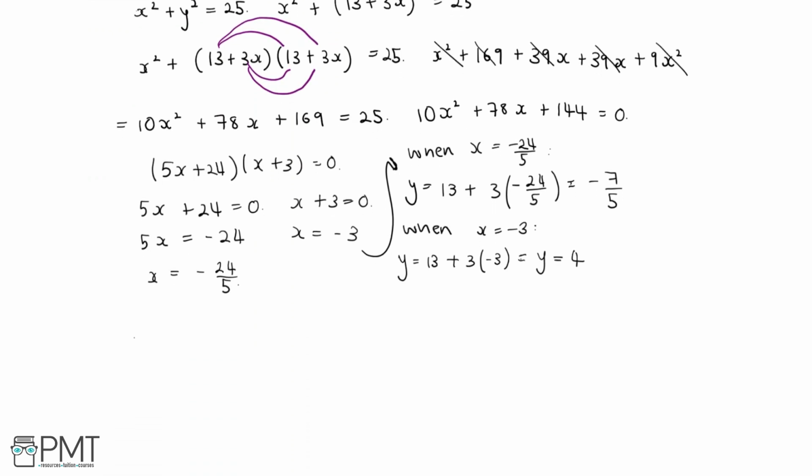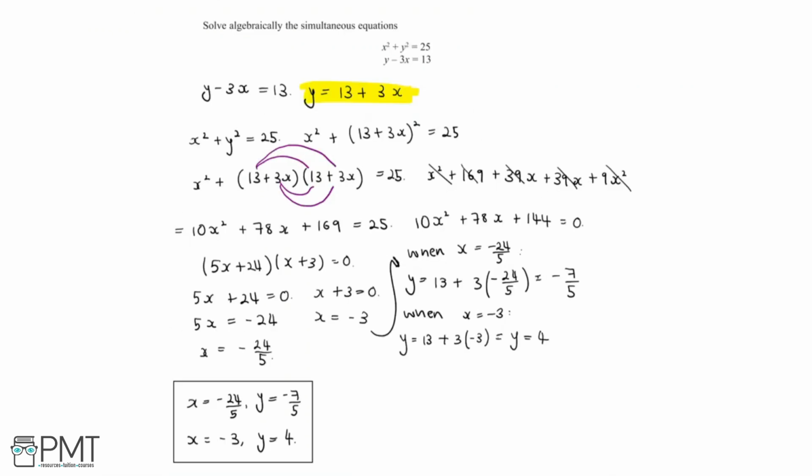You can say that x equals minus 24 over 5, and y equals minus 7 over 5. And then x equals minus 3, and y equals 4. And so we've now solved the simultaneous equations x squared plus y squared equals 25, and y minus 3x equals 13.